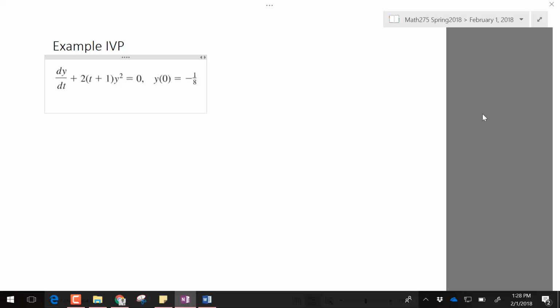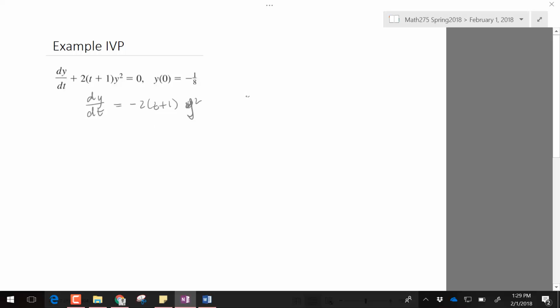Okay, let's see if we could do this one. What kind of differential equation is this? Could this be Bernoulli? Let's see. dy/dt equals, should I multiply it out? Now it's separable. Okay, so dy/dt equals (negative 2t plus 1) over y squared.